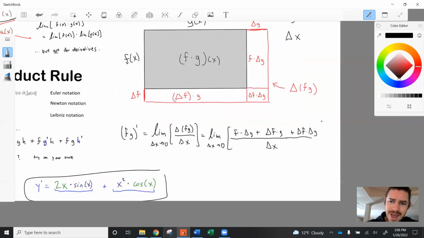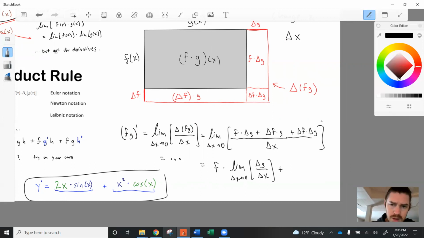And you can imagine how, after a few steps, I'm going to skip over some of the details here, we're going to arrive at something like f times the limit of delta g over delta x, plus the limit of delta f over delta x, but then just times g, and then plus 0.